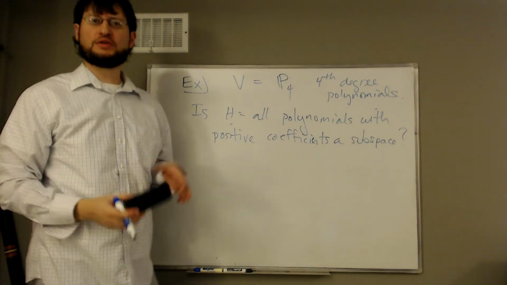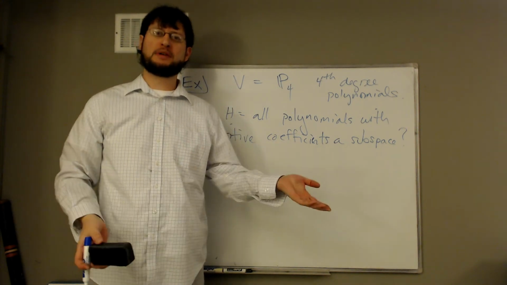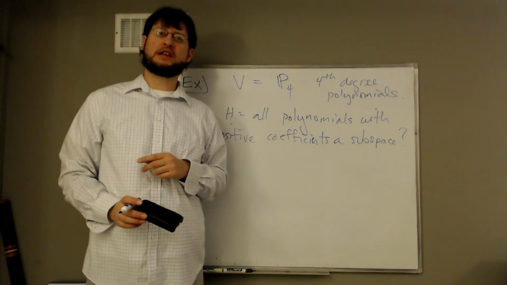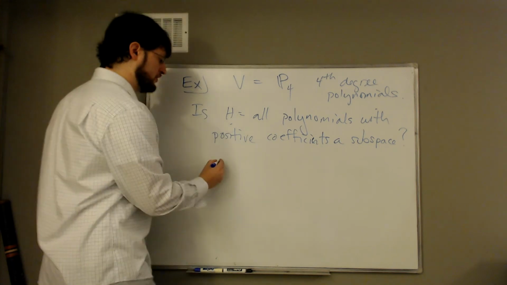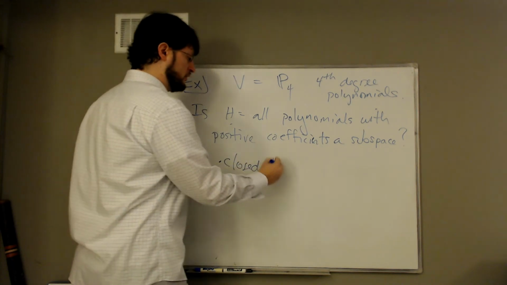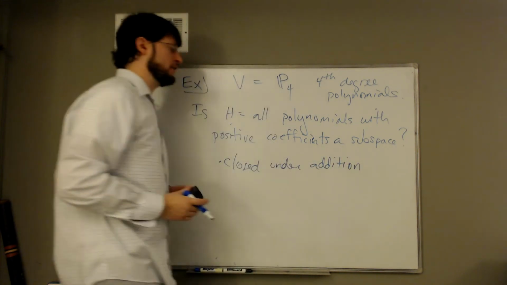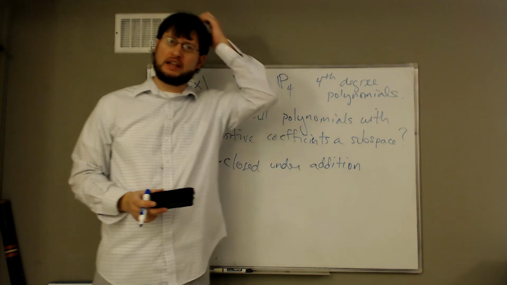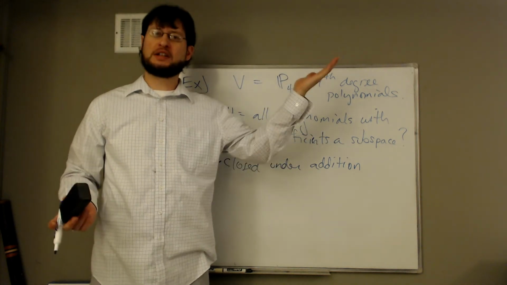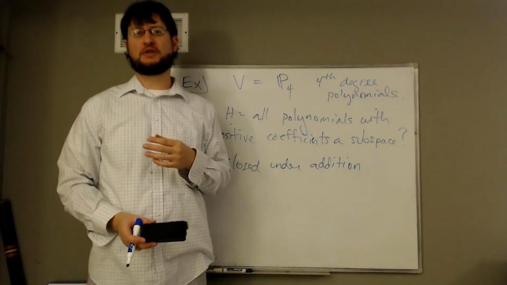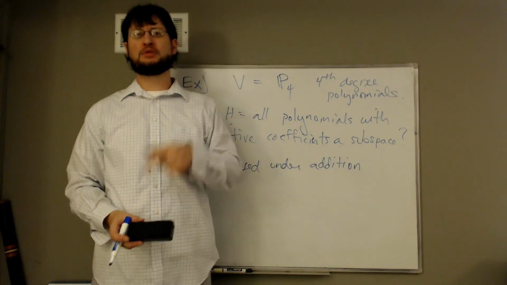Well, it is closed under addition, because if I take two fourth degree polynomials and add them up, if both of those polynomials have positive coefficients, then after I add them up, they still have positive coefficients. So it is closed under addition. And be careful, because it at first glance feels like it's closed under scaling as well. If I take a fourth degree polynomial with positive coefficients and I multiply by 6, well, then it still has positive coefficients. But be careful, because it has to be closed under scaling by any real number.